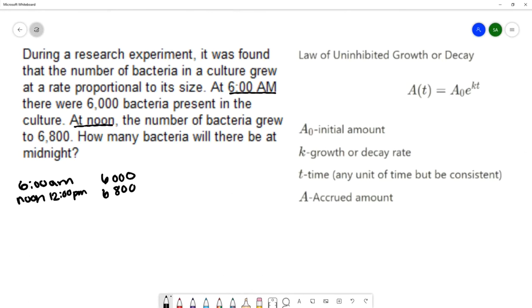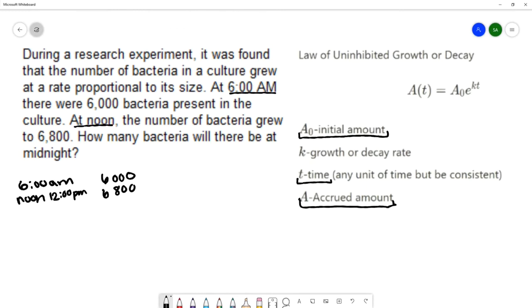So the numbers being given in this problem relate to a time of day and how many bacteria we have. How many bacteria we have are A naught and A, and we have two different times.